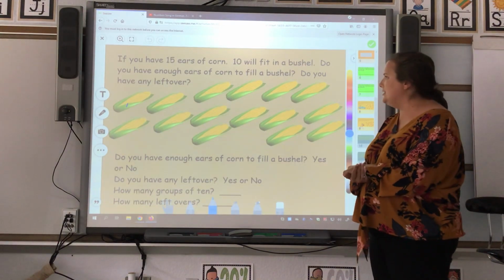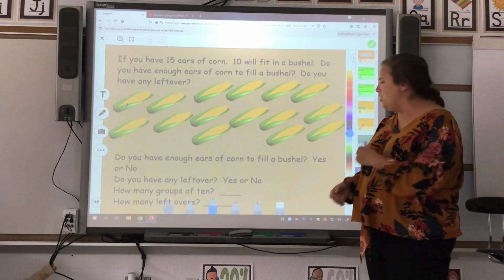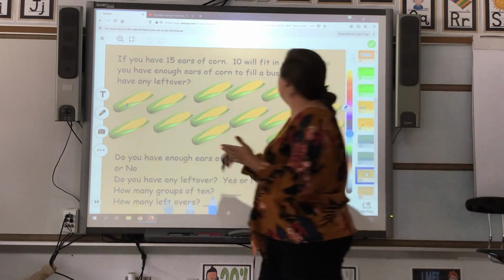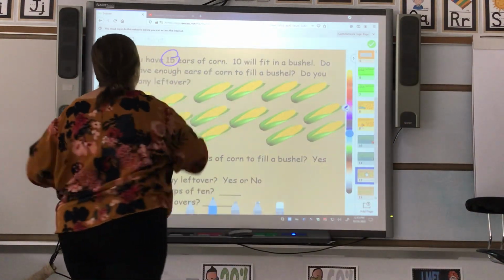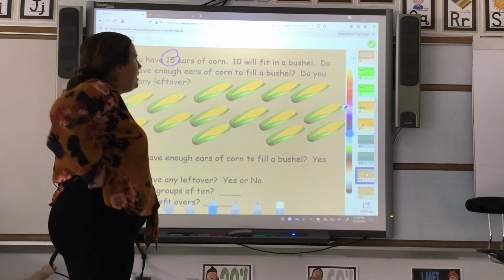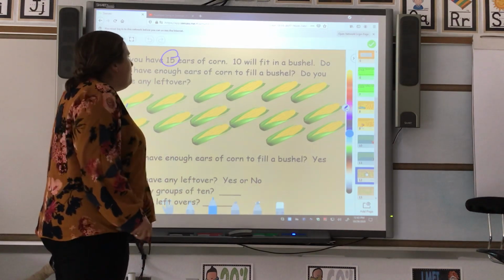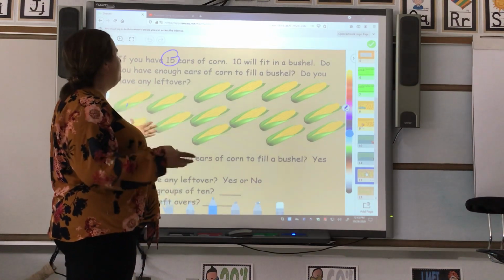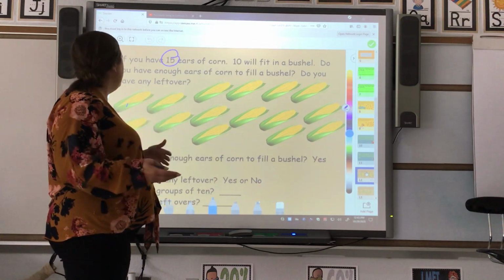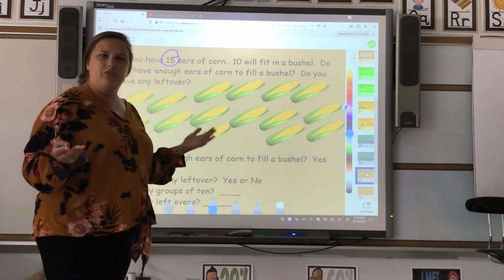All right, guys, it says if you have 15 ears of corn and 10 will fit in a bushel, do you have enough corn to fill a bushel? Do you have any left over?